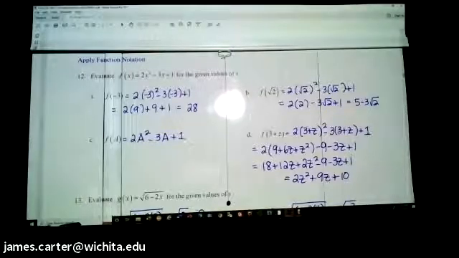Minus 3, -3 times 3 is -9. -3 times positive z is -3z. Now we multiplied that out, we combine like terms, and we get this. 2z squared plus 9z plus 10.